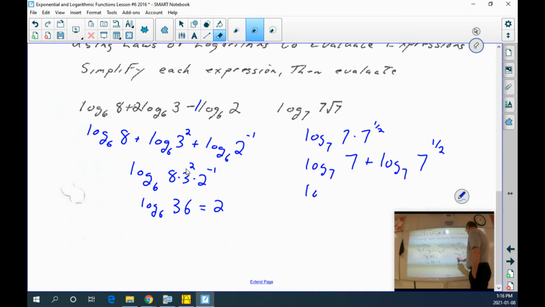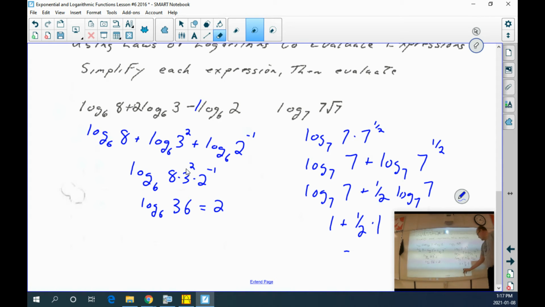I can then shake down my 1/2. Now, what this does is, we could gather like terms. The power of 7 that gets me to 7 is 1, plus 1/2 times 1. So we have 1 and a half as the answer. And that's another way to evaluate.